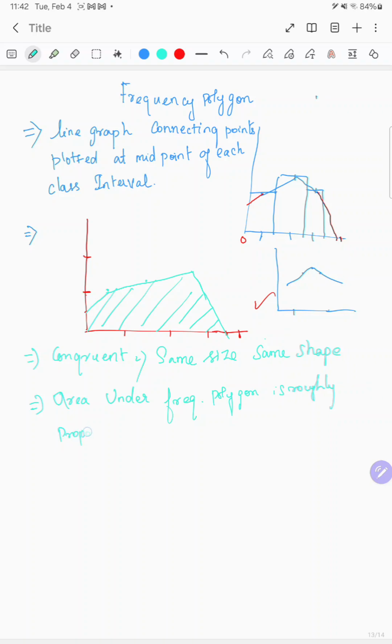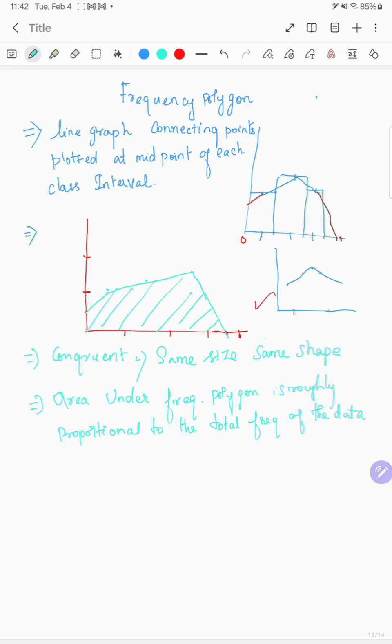Roughly proportional to the total frequency of the data. So if it is evenly distributed, this would create relatively equal triangles. This is what the frequency polygon and congruence mean in this condition.